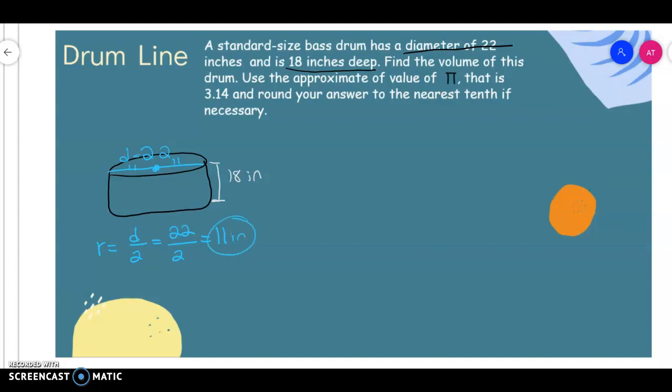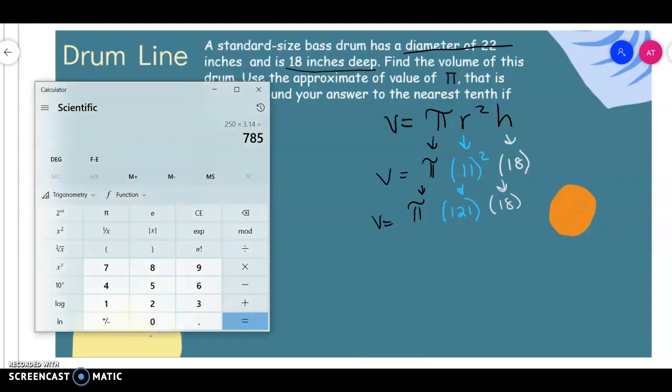So now that I found that, I can actually use my equation. So I have V equals pi r squared times my height. Now I know my radius, which is 11 squared, and I'm going to multiply it by my height, which is 18. So I know that 11 times 11 is 121. And now I'm going to multiply that by my 18.